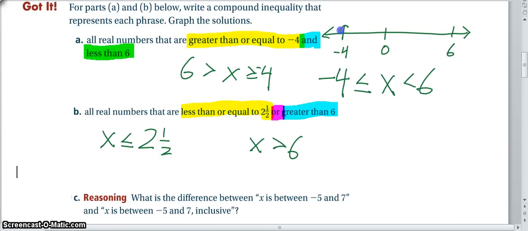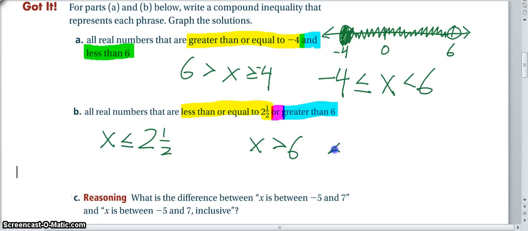We always put circles around our points, but then we have to determine how I know whether it's open or closed. Well, if it has the equals, -4 less than or equal to x, then because it could be equal, we close our circle, we shade it in. We're going to shade all of this. And then 6 is not a potential solution, so we do not shade 6.